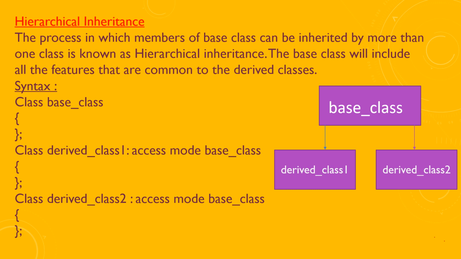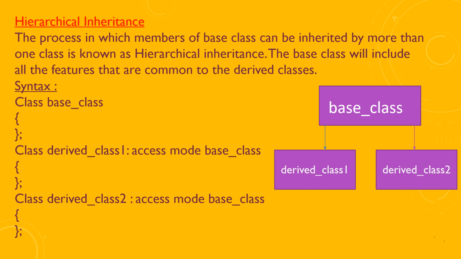So we can remember the previous inheritance types which we already discussed. In single inheritance there was one base class and one derived class. In multiple inheritance there was more than one base class and only one derived class, in which the properties of all the base classes can be inherited by the derived class.